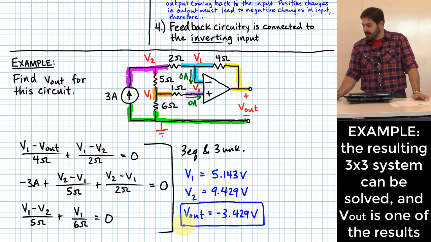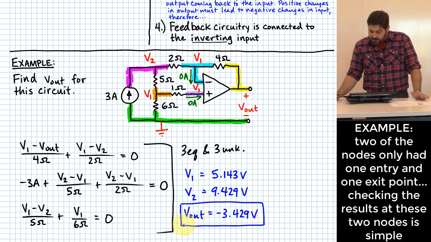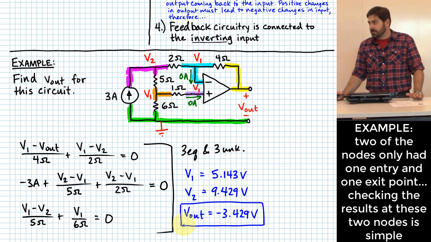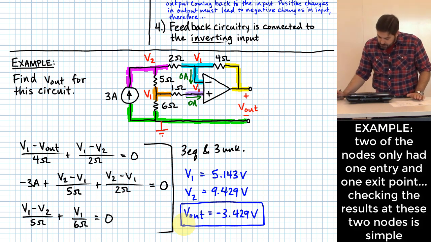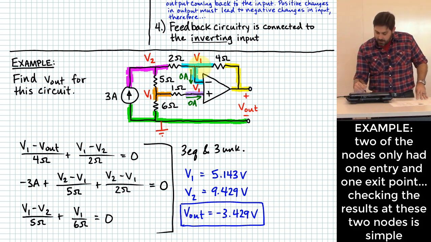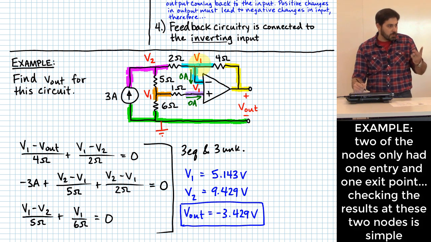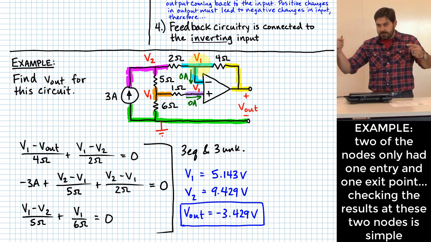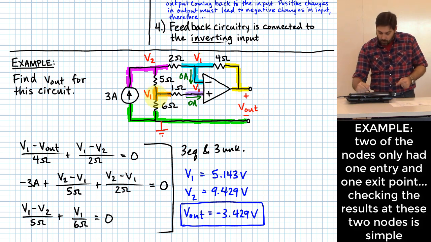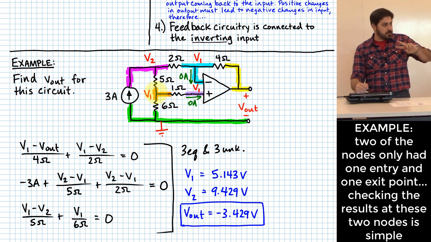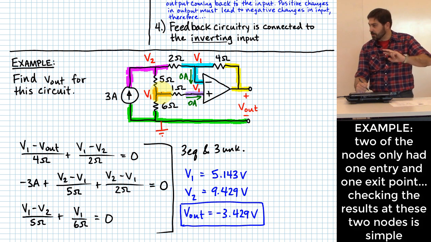Okay. If you want to, you can actually go in and check some things, right? If you look, there's two different places where we really only have two places that flow in and out, right? The aqua-colored node up on top, you really only have one place to enter and one place to exit, let's say, right? And the orange one is the same way. There's really only two entry-exit points for the orange one as well.